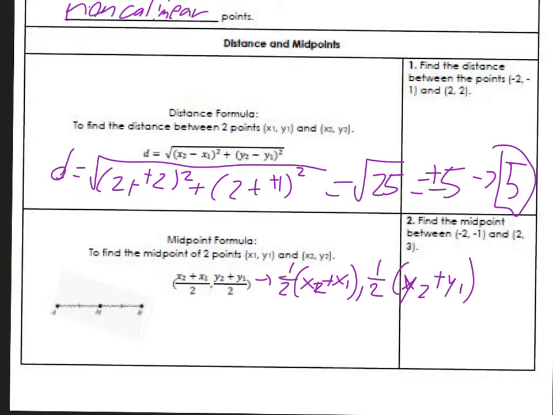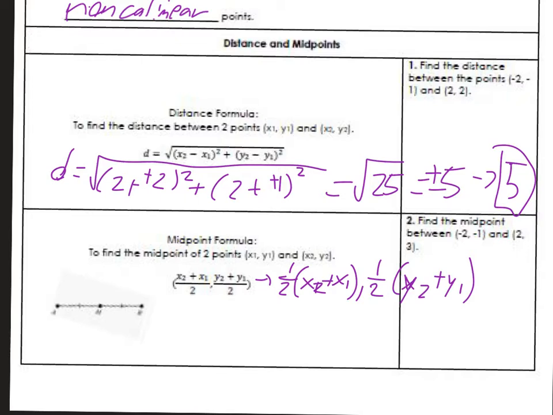And if we need some distance that's not 1/2, like 1/3, 2/3, 5/8, whatever, we can just replace that fraction. But for this problem, we want to find the midpoint between (-2, -1) and (2, 3).